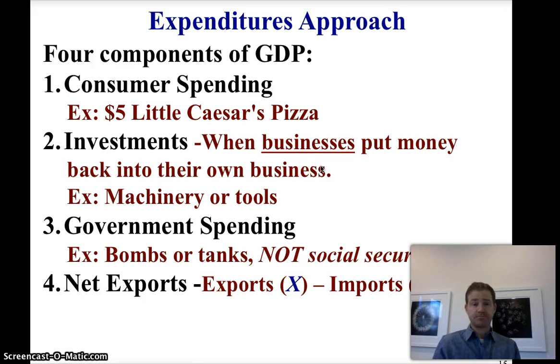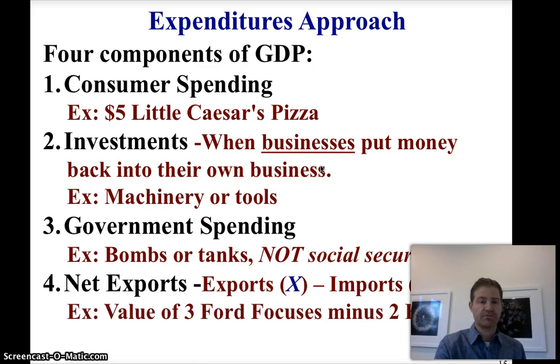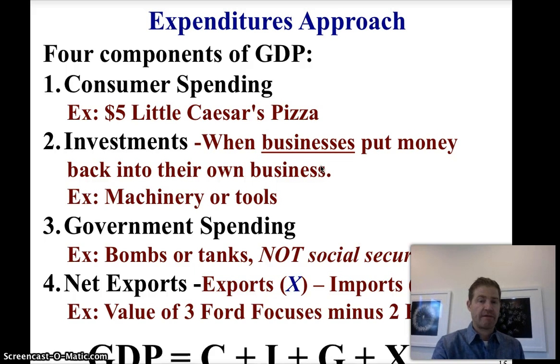Government spending: bombs and tanks, not Social Security. We'll talk about that in a second. And net exports, exports minus imports. The value of 3 Ford Focuses minus 2 Hondas. And there you have the equation. C plus I plus G plus NX.